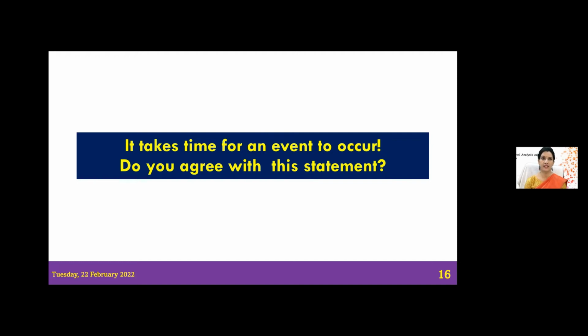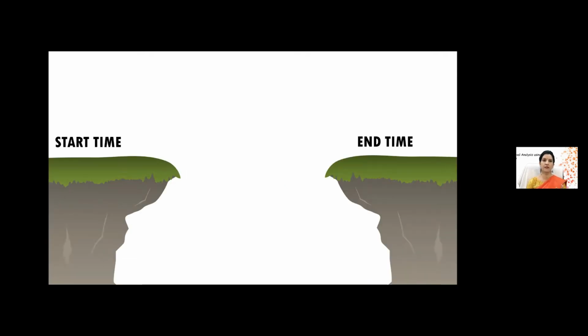So it takes time for an event to occur. If you have decided to recruit 200 or 300 patients, obviously you will not get that many patients in a day. So it takes some time for recruitment. There will be a start time and an end time.